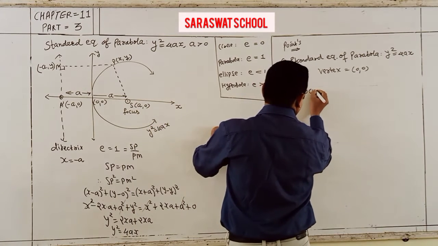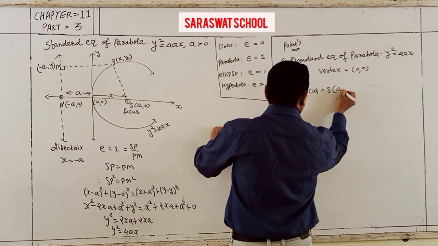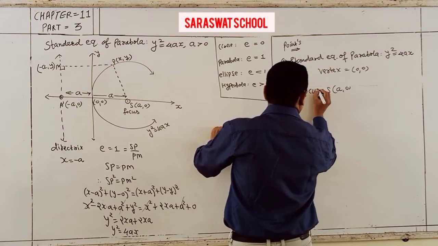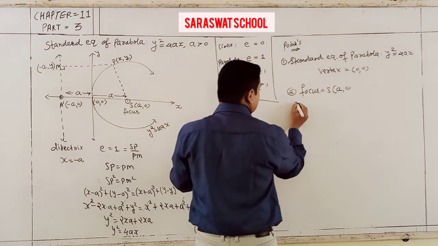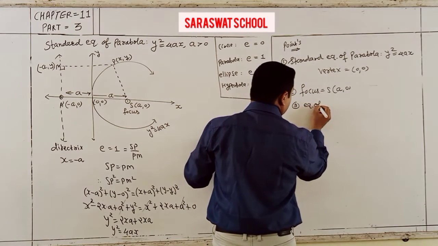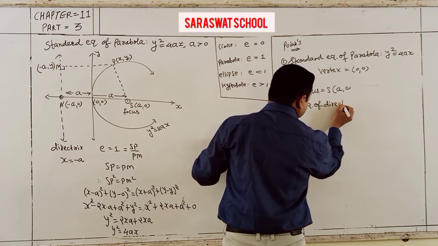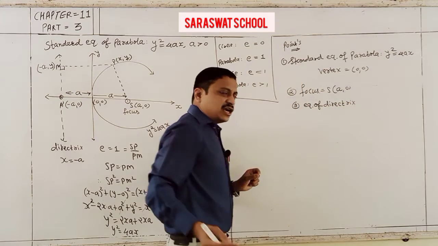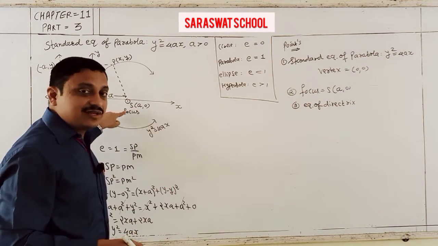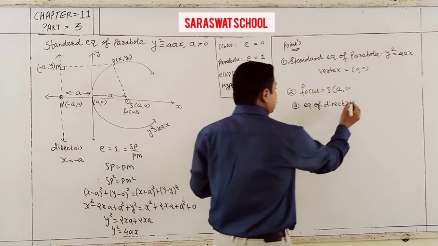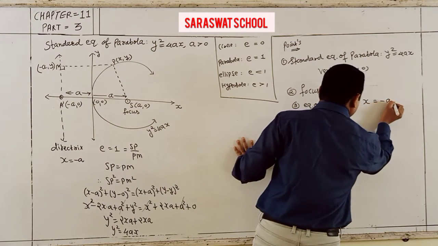Students, you will cover it as (a, 0), I told you about this focus. Now go to third, equation of directrix. Exactly opposite to the focus. Here O is the midpoint between S and S dash. So the directrix equation is x is equal to minus a.